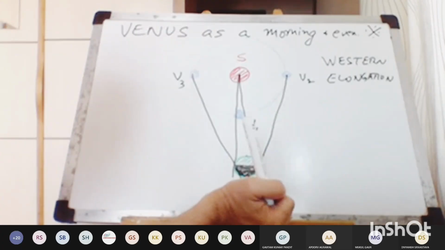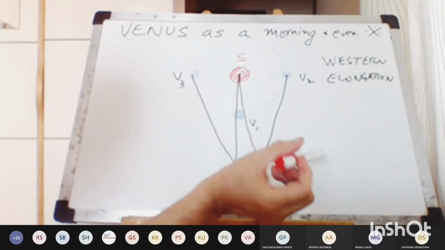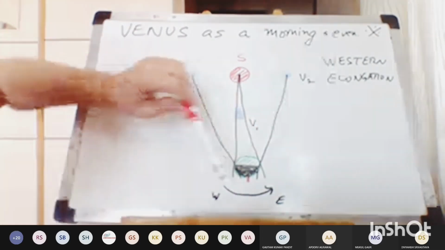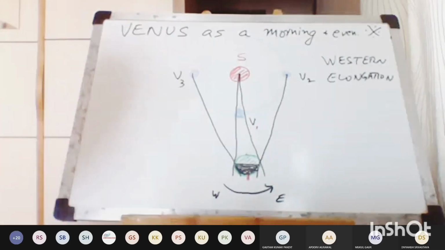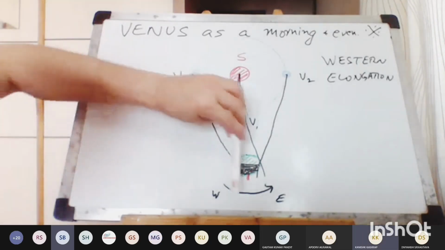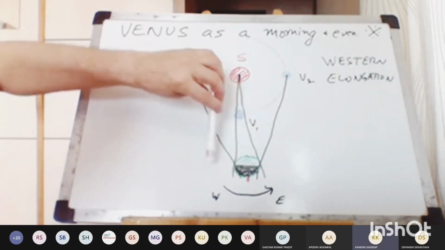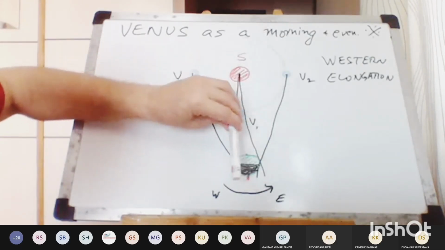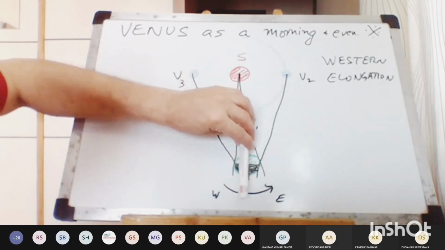Now, which horizon do you see Venus as a morning star? Eastern horizon or western horizon? Sir, Eastern. Very good, because the earth is rotating west to east, so all the bodies are rising in the east. All the heavenly bodies are rising in the east.